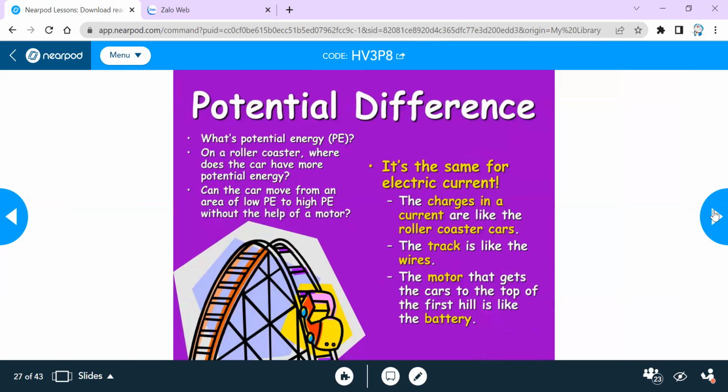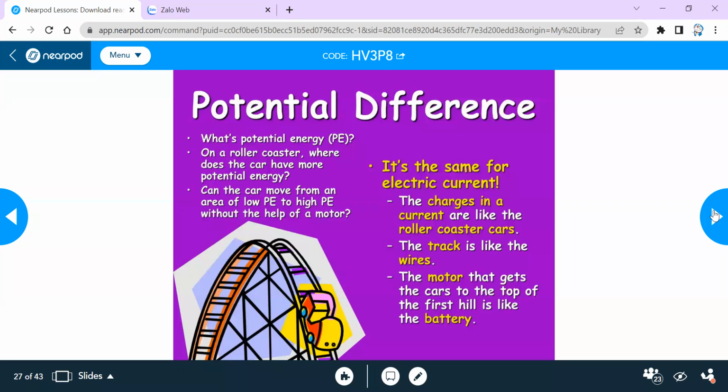All right. There is also one thing called potential difference in the electrical current. Before that, let's look into potential energy, PE. What is potential energy? Well, let's refer to a roller coaster as an example. Which part of the roller coaster has more potential energy? That's obviously when the roller coaster is at the highest of the track, right?